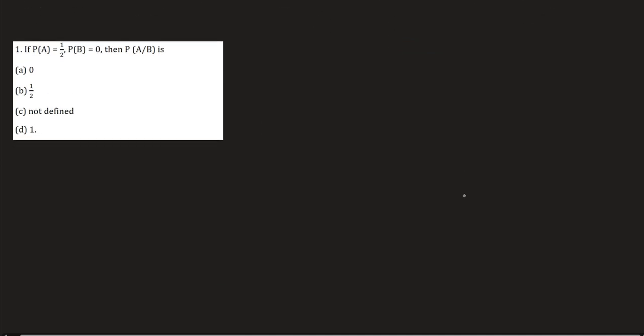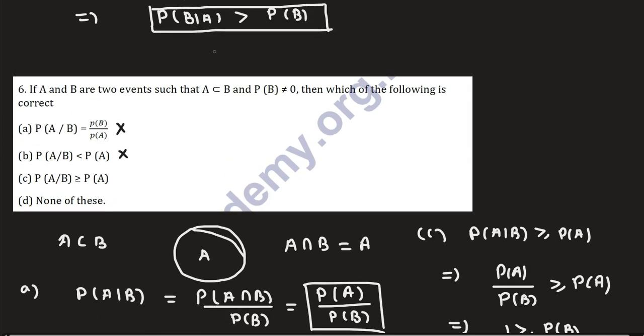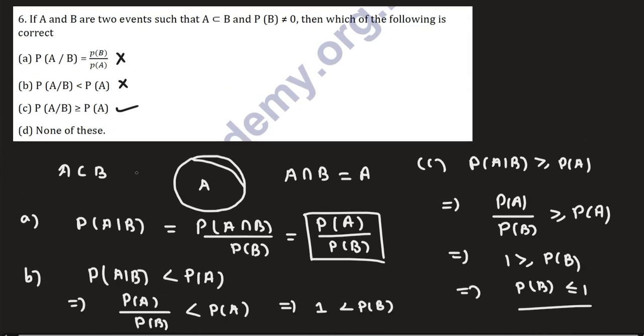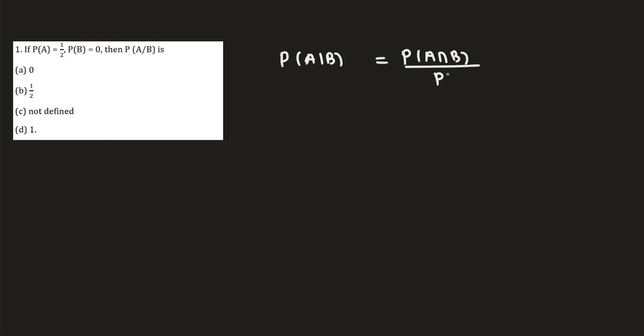Now coming to the next one, here we know that in the previous question the correct option is C. Now here we first define A given B. This definition is probability of A intersection B divided by probability of B. This definition is valid only when probability of B is not equal to 0.